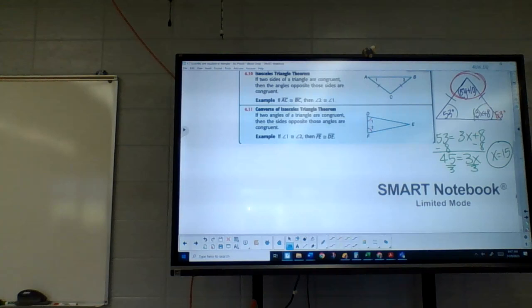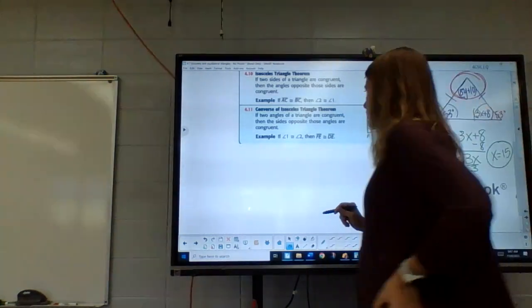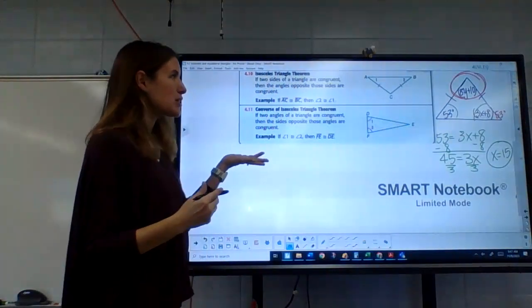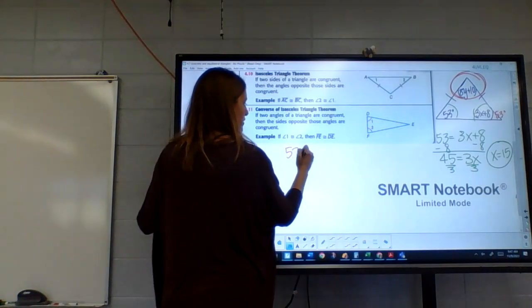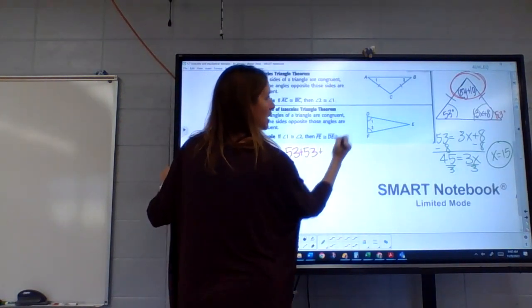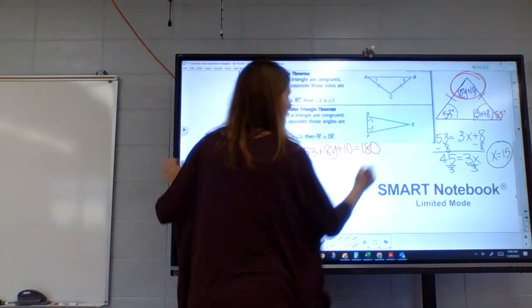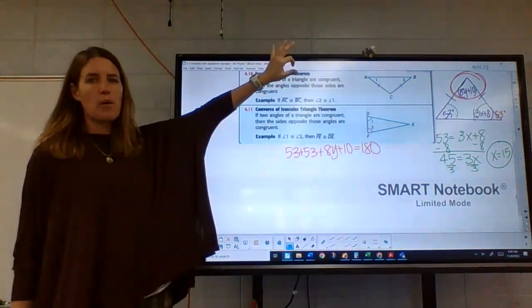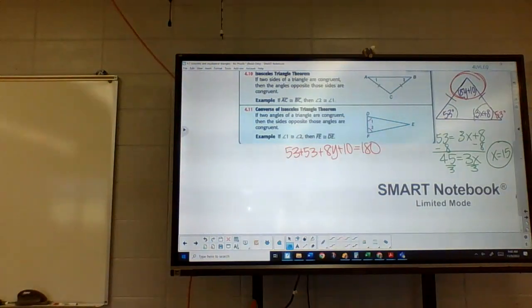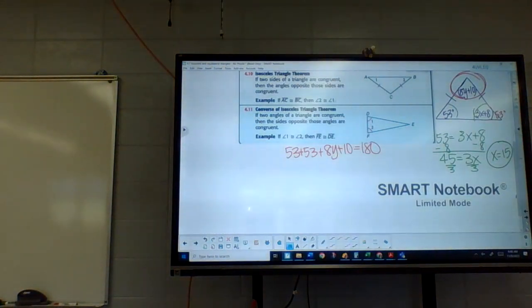So the 53s combined would be 106. And then that together with this will help us to find that angle. So you can do that a couple of different ways. If I'm just finding y, I could just do 53, 53, and 8y plus 10 should all add up to 180. Otherwise, you figure out what that angle is and just set 8y plus 10 equal to that. It's up to you guys.